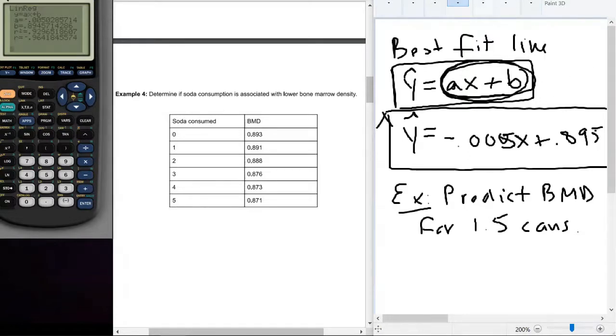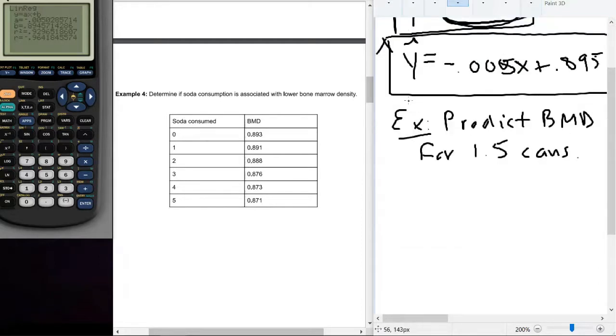So the way we use this is X is equal to 1.5. Let's best predict the bone marrow density. Y hat is equal to negative 0.005x, which we're calling 1.5, plus 0.895.